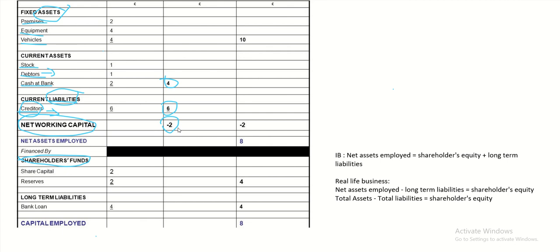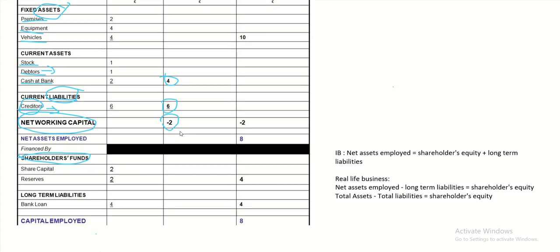It's basically the flexibility of the firm to deal with the current situation, like a buffer stock. Like what if there is a certain emergency situation happening to a company? If you have positive net working capital, you can probably deal with it easily. But if you have a negative net working capital, that might be problematic for your business.